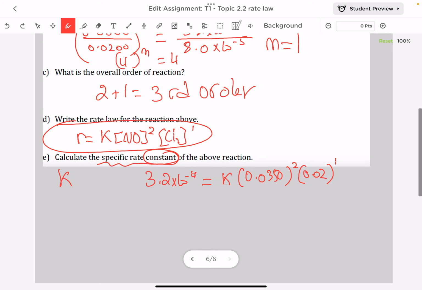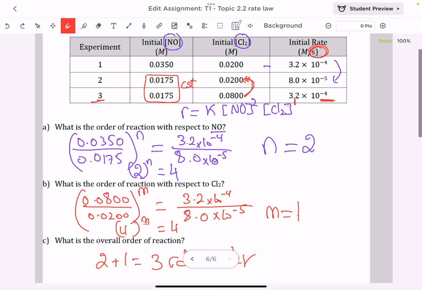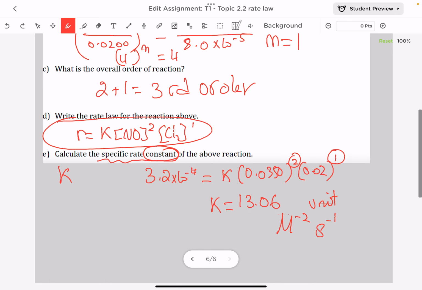Plugging this into my calculator, my final answer, the rate constant, is going to be 13.06. Now the unit, what's the unit of K? Third order, K is M minus 2. Let me check. Here we're dealing with seconds, s minus 1. And that's it. Thank you for listening.